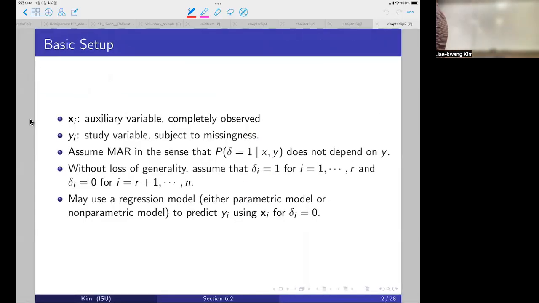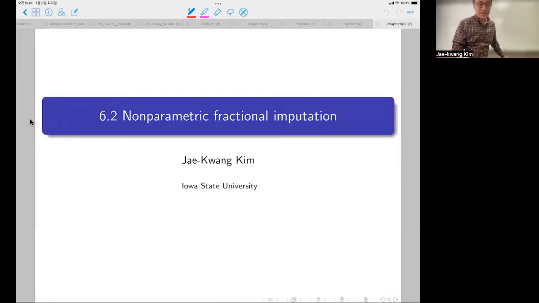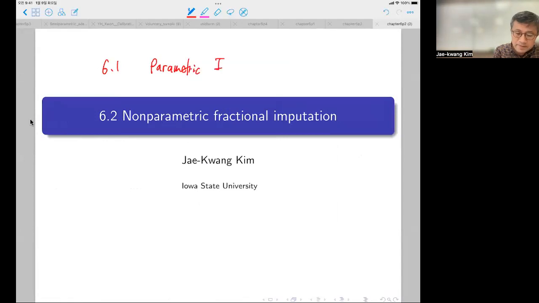So here's a setup. We have X and Y, and you have missing at random. So what do we mean by non-parametric? The difference is that section 1 is about parametric fractional imputation, PFI, my 2011 Kim paper in Biometrika.